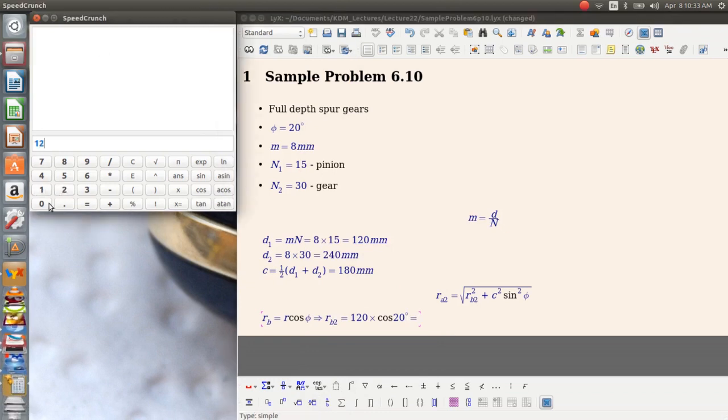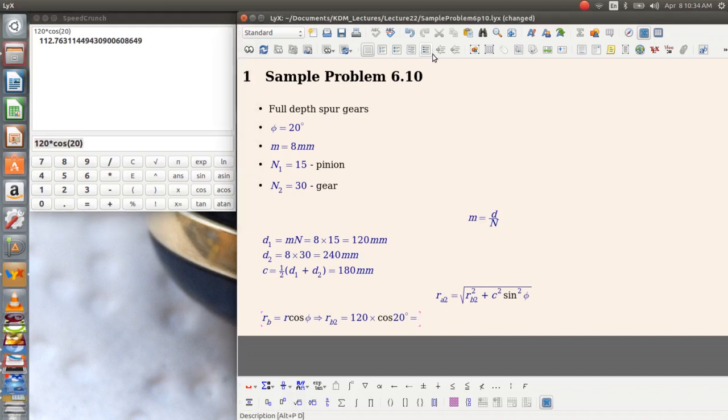So 120 times the cosine of 20 degrees gives me a maximum pitch circle radius of 112.76 millimeters. Or excuse me, it gives me the base circle radius. Getting a little bit ahead of myself. So that's my base circle radius.